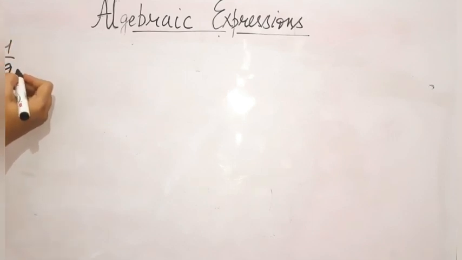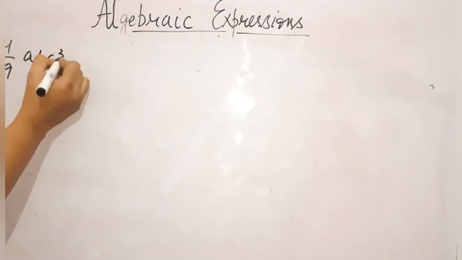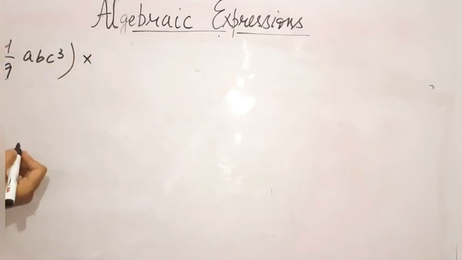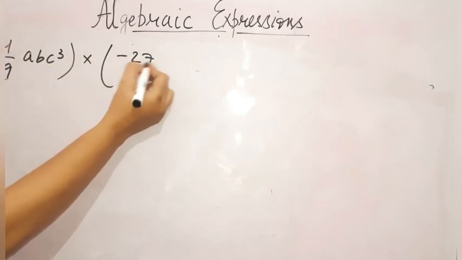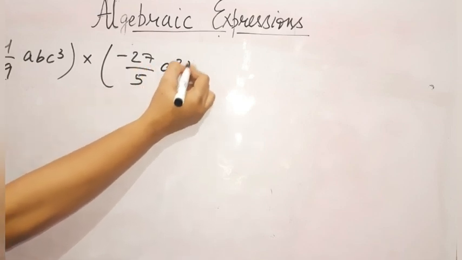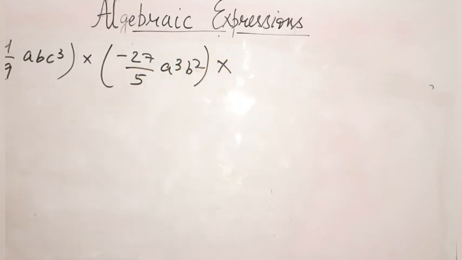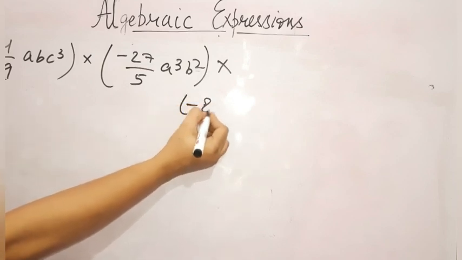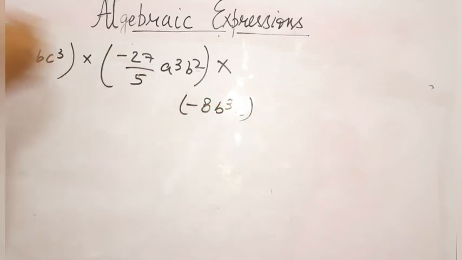So I am writing the question in order to multiply it. 4 upon 9 ABC cube multiplied by minus 27 upon 5 A cube B square multiplied by minus 8 B cube C. There were three algebraic expressions, so I have written all the three algebraic expressions.